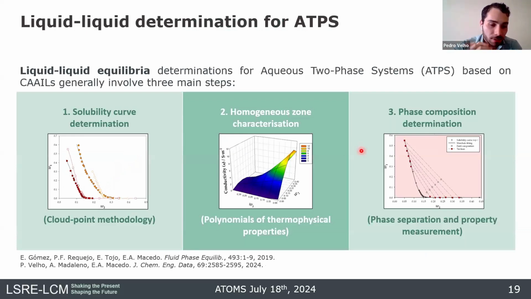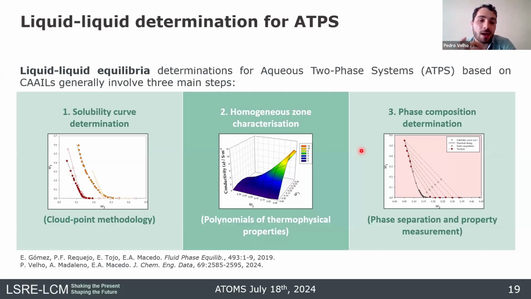Now, as I mentioned, we normally couple ionic liquids with salts in aqueous two-phase systems, which pretty much consist of a liquid-liquid extraction technique in which two water-soluble components enrich two, let's say, immiscible phases. So, for example, we have an ionic liquid, which is soluble in water, but we also have an organic salt, which is soluble in water.